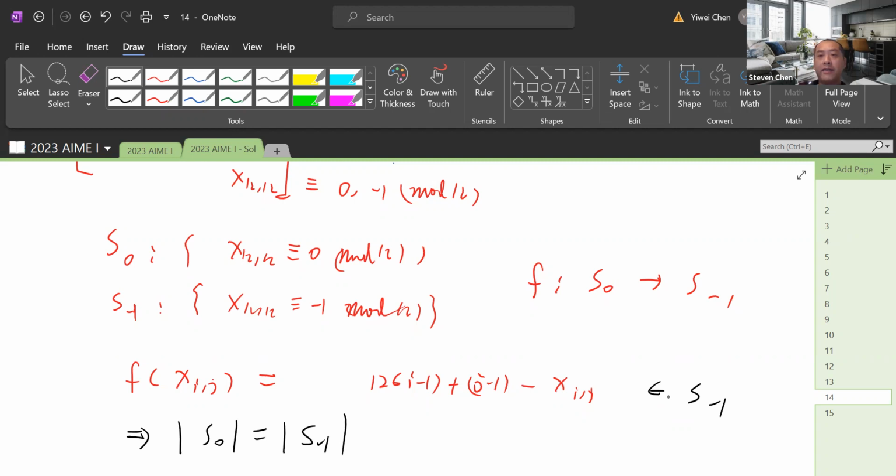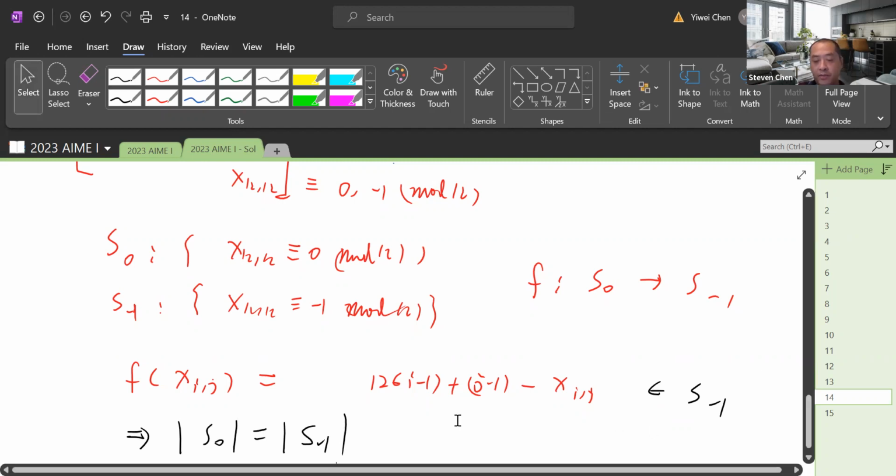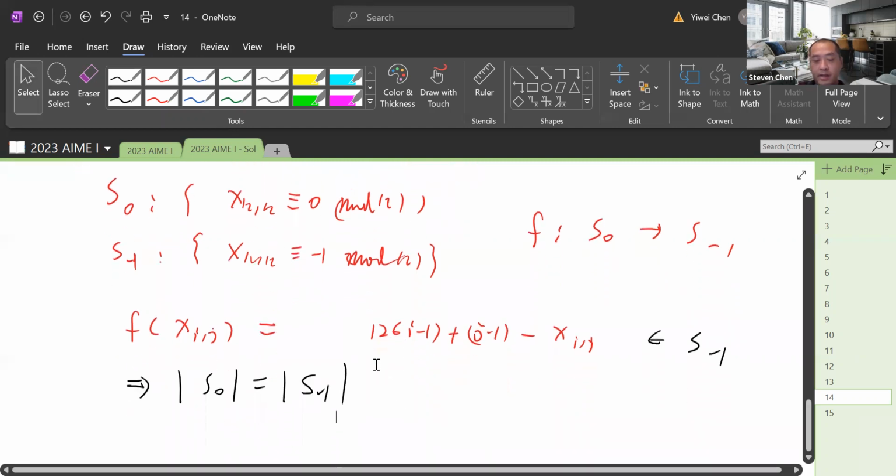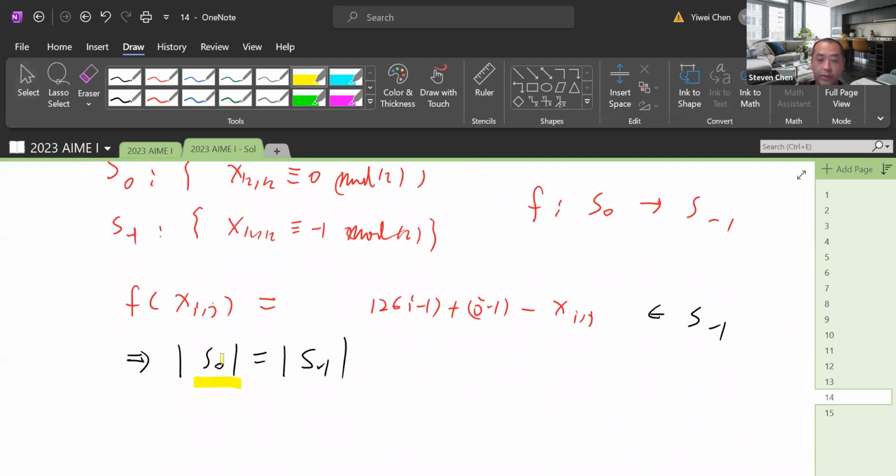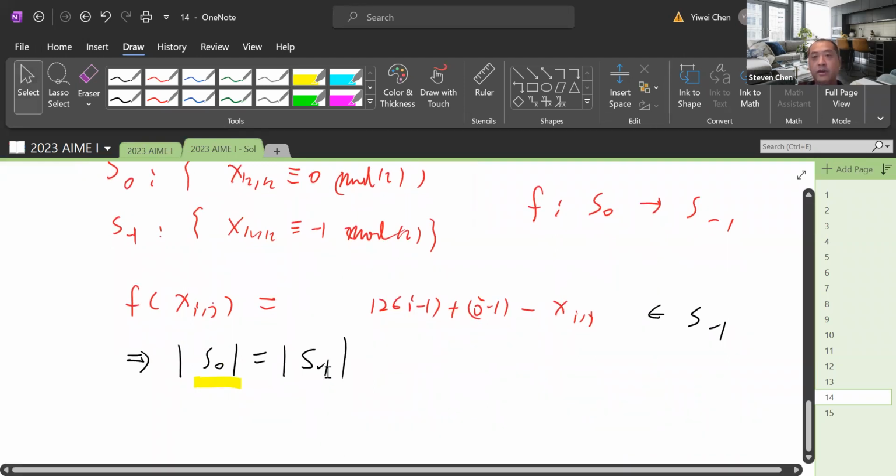So in the rest of the analysis, we just focus on one scenario. Let's focus on the scenario that x1212 is a multiple of 12.